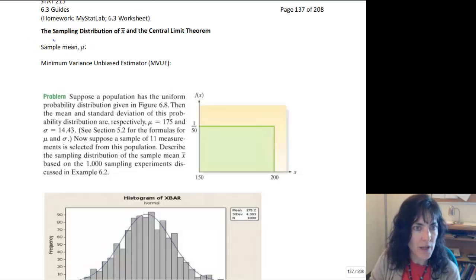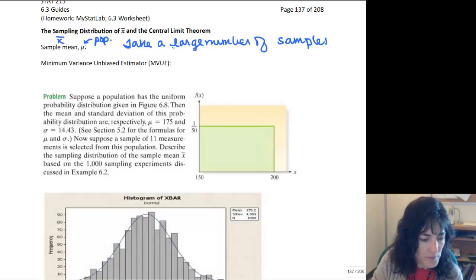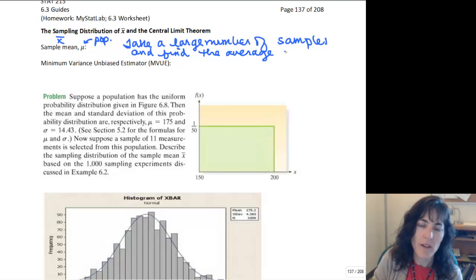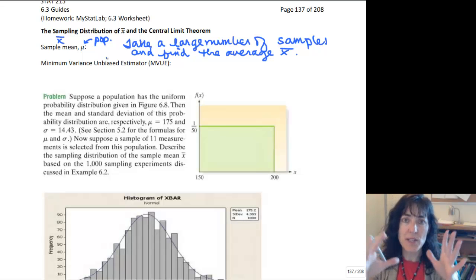So if we have the sample mean, remember that's x bar, and this mean is for your population, and we want to take a large number of samples and find the average x bar.